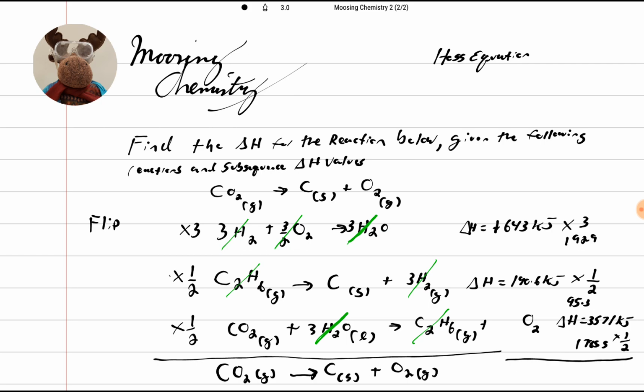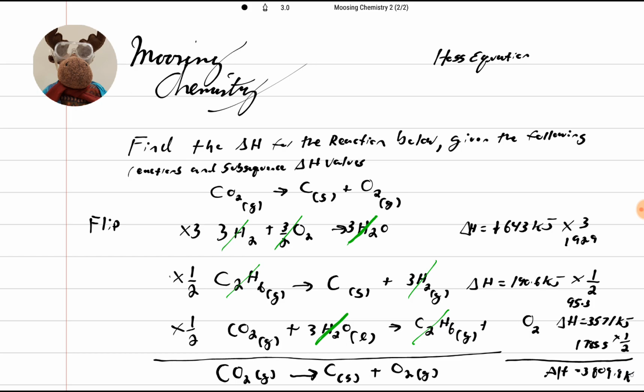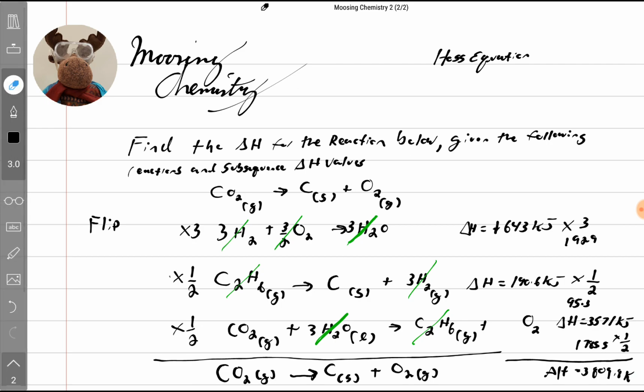This is going to give me a delta H value of 3,809.8 kilojoules, and that's our answer. This is how we do it. Pretty simple, I guess.